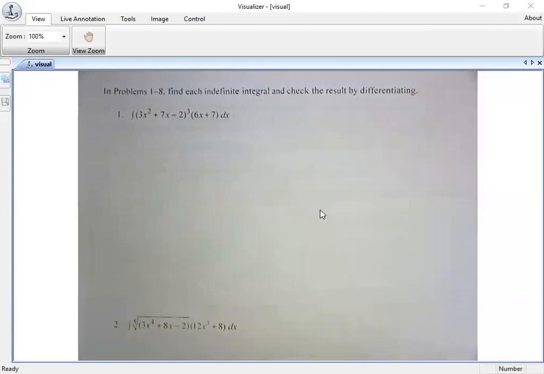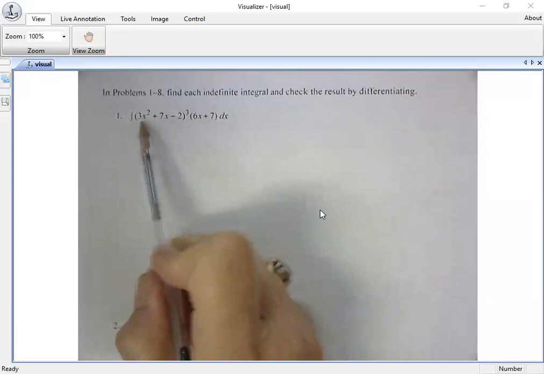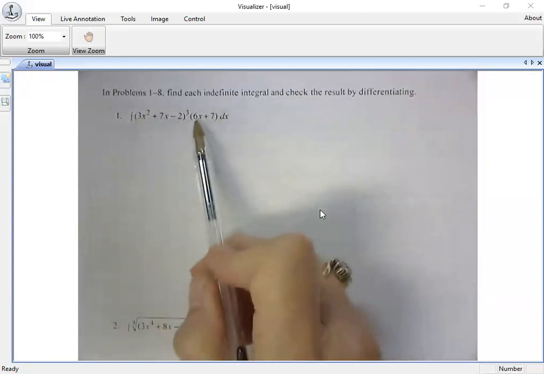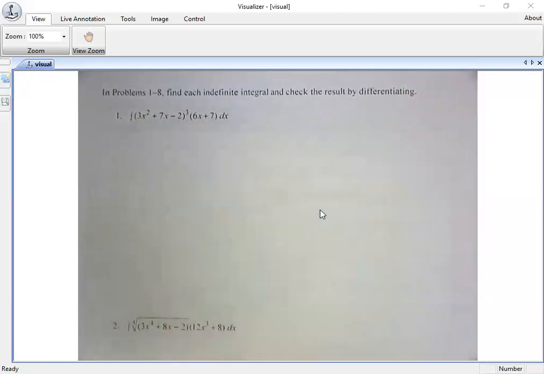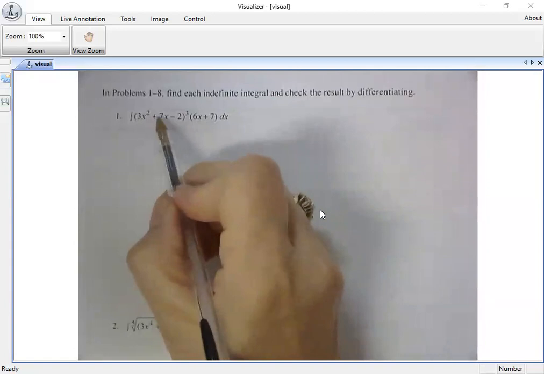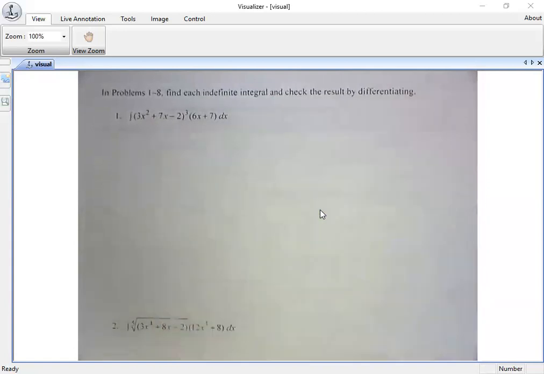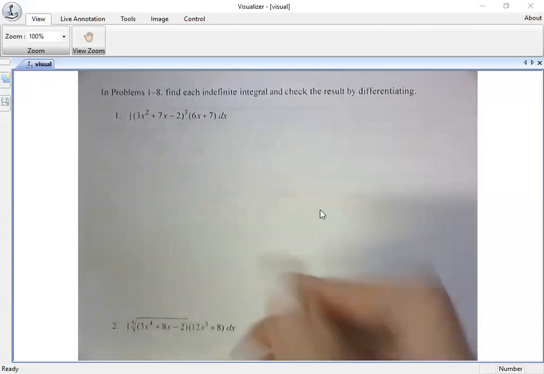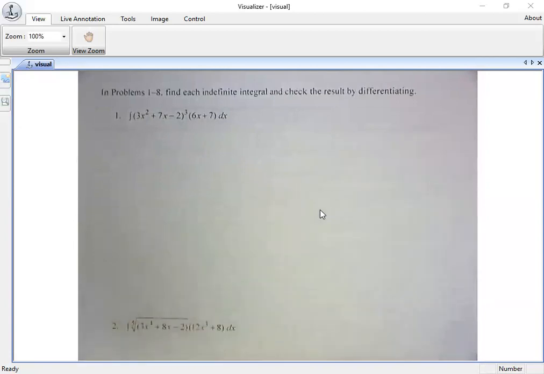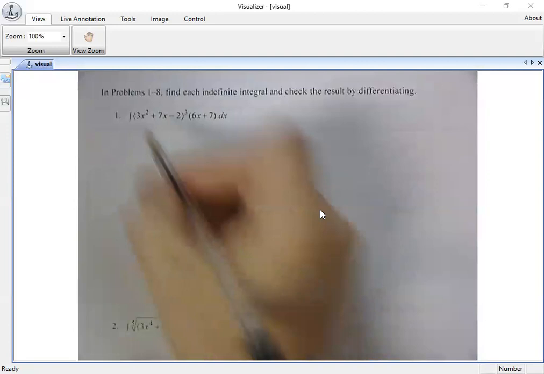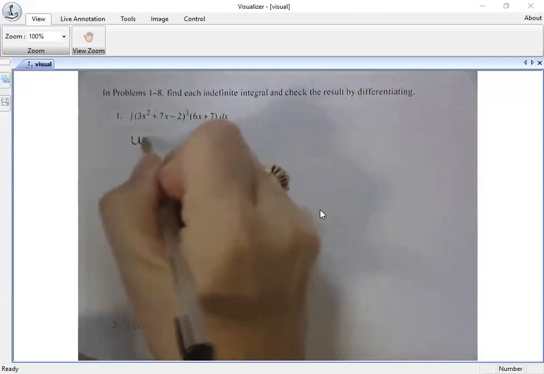So here's how integration by substitution would work. If I compare what's in this parentheses and what's in this parentheses, which one has the largest exponent? The first one, the one that's 3x squared plus 7x minus 2. So when I realize this is not easy to integrate like it is, let's take the parentheses that have the biggest exponent, and we're going to let that be u.